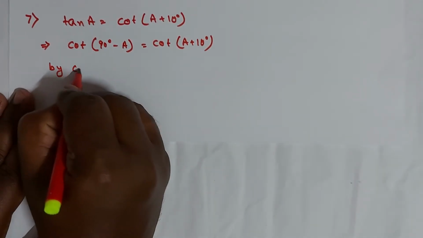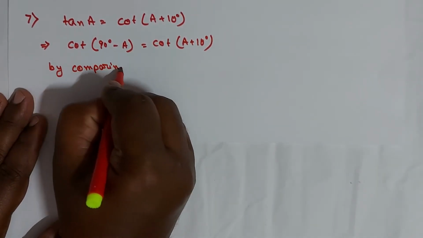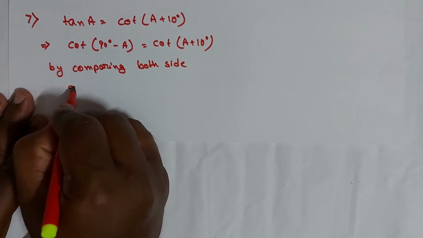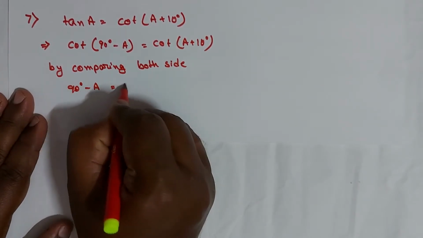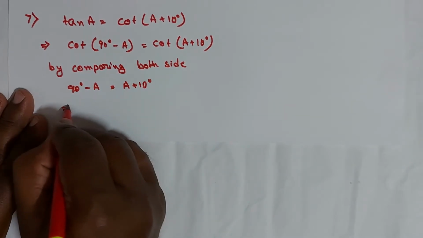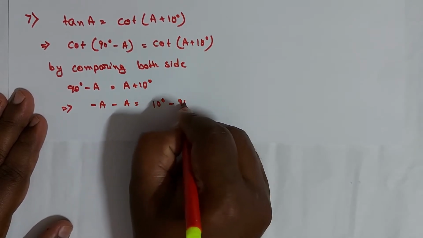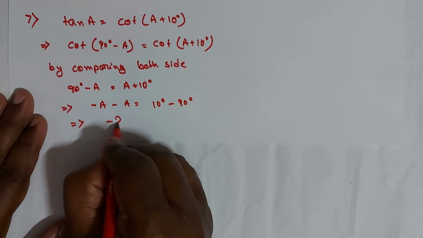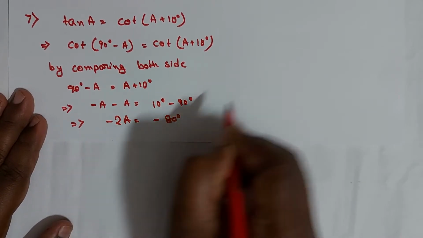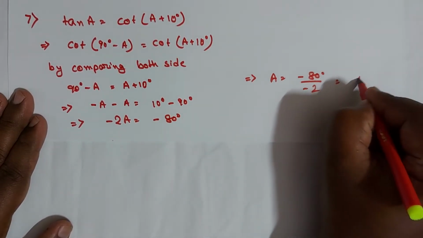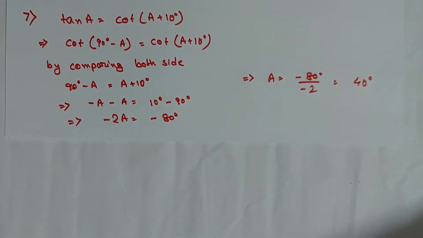Again, by comparing both sides, 90 degrees minus A is equal to A plus 10 degrees, or minus A is equal to 10 degrees minus 90 degrees, or minus 2A is equal to minus 80 degrees, or A is equal to minus 80 degrees by minus 2, that is 40 degrees. So the value of A is 40 degrees.